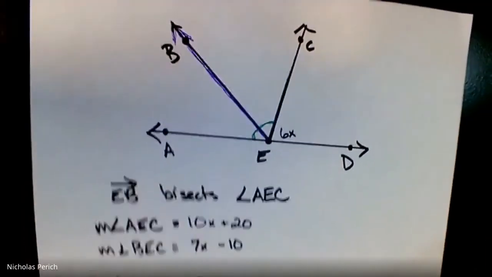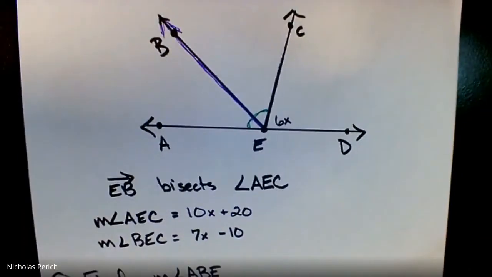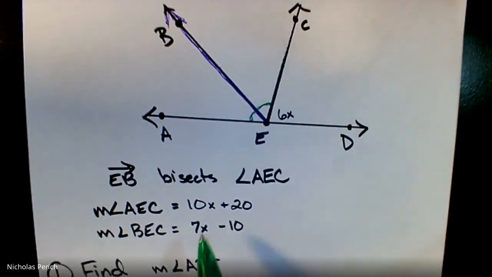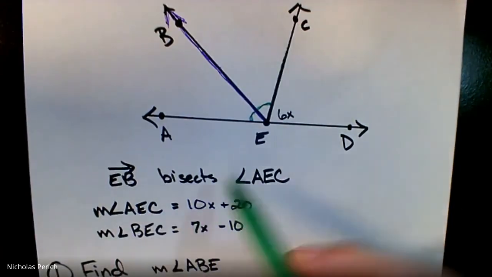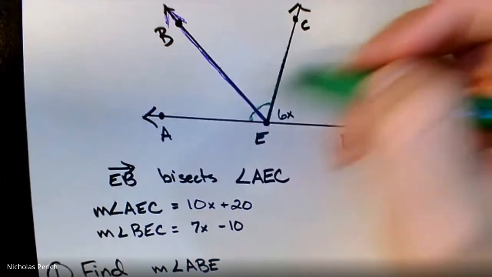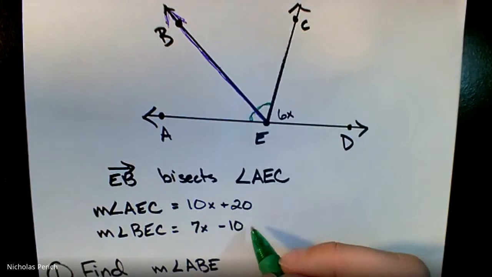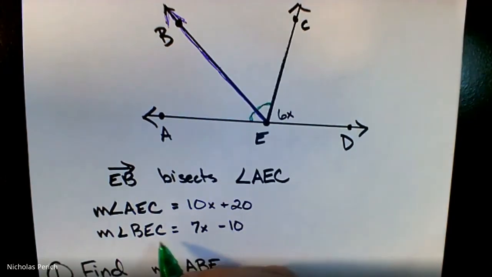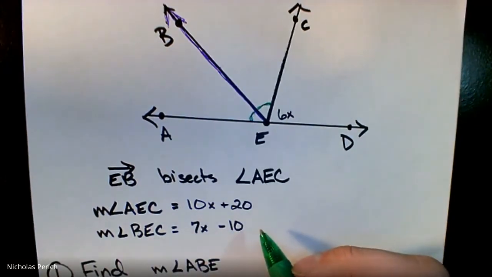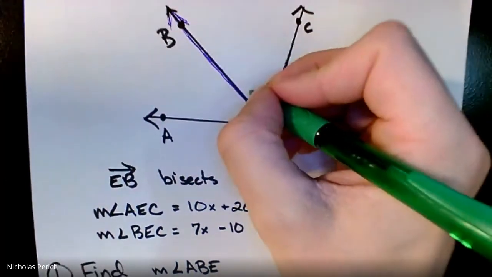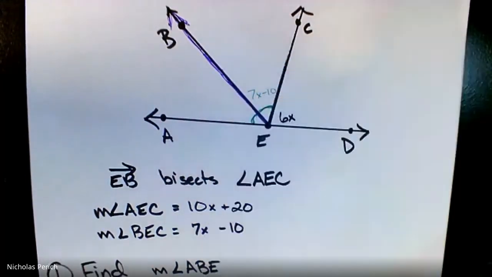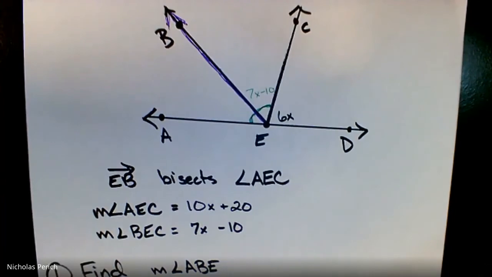Whoops. What else do I know? I know that the measure of AEC, which is this whole thing, all of that right there, is 10x plus 20. I know that BEC is 7x minus 10. What's BEC? BEC is 7x minus 10. My job is to find ABE.